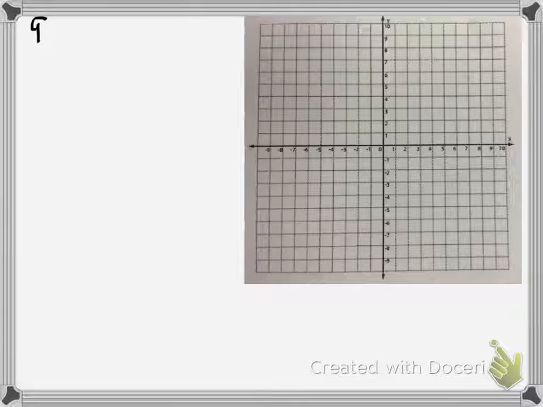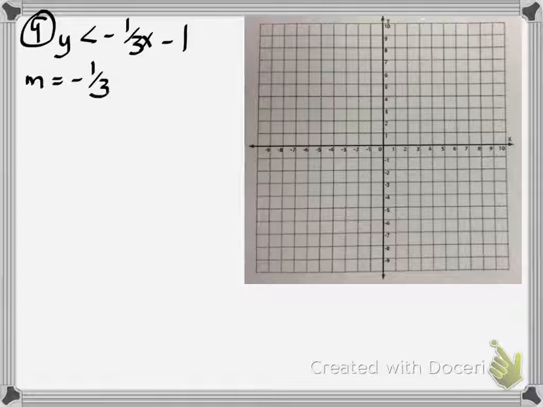So 9. The first one is y is less than negative 1/3 x minus 1. So my slope, I already have this where y is by itself. So my slope is what's multiplied times my x, so negative 1/3.